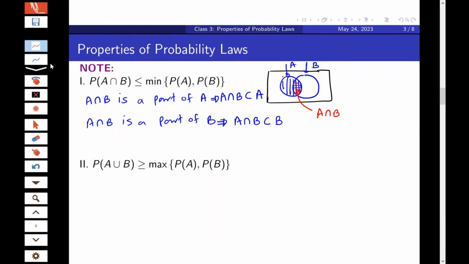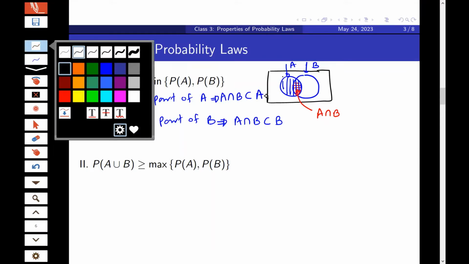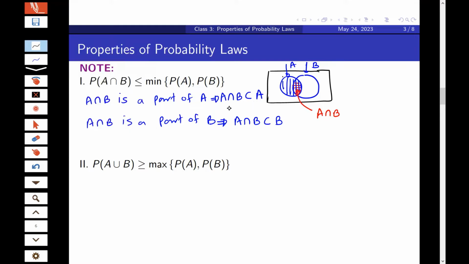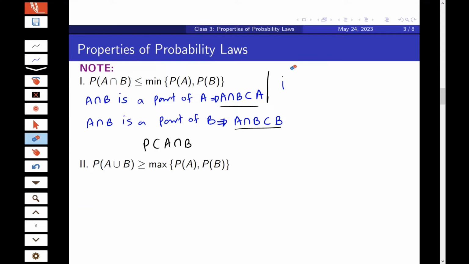So from these two results, this one and this one, it implies the probability of A intersection B. I will draw this one a little bit far, here. Intersection.